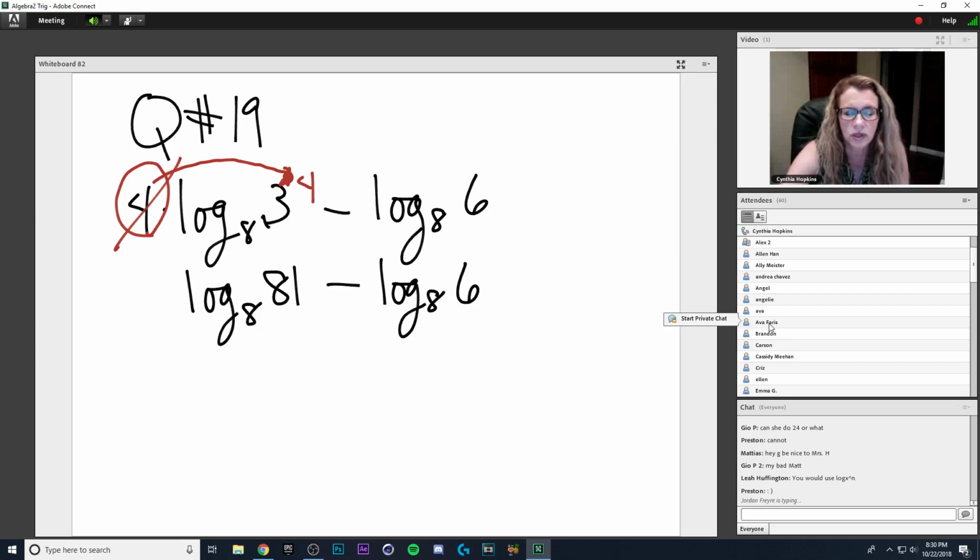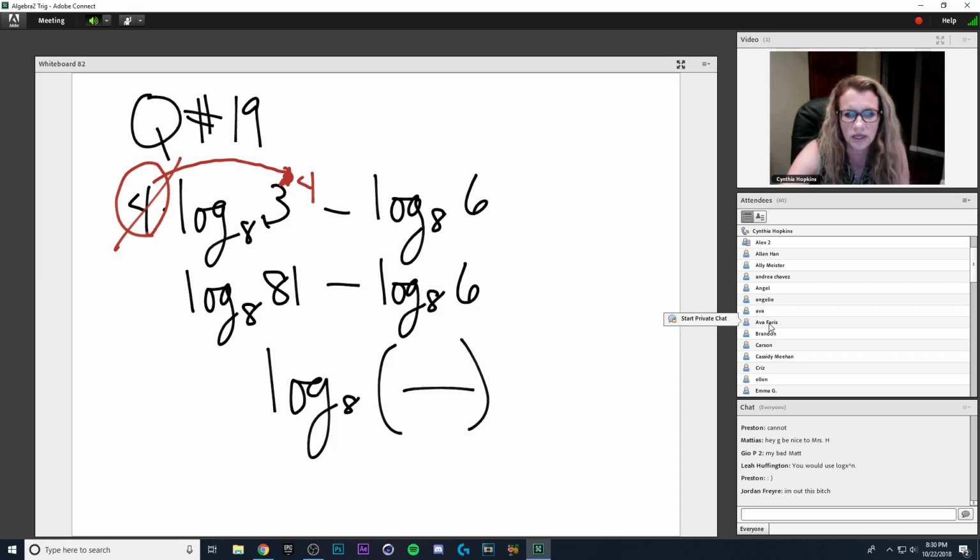This is going to condense into a single log. So it's going to be log base 8 of a quotient because of that minus sign, right? We said if there's a plus sign, I'm going to use the same colors I used on that analysis of the properties of logs. There's a plus sign implied there, so that 81 goes in the numerator. And then in front of my second log, that's a minus sign, so my 6 goes in the denominator.